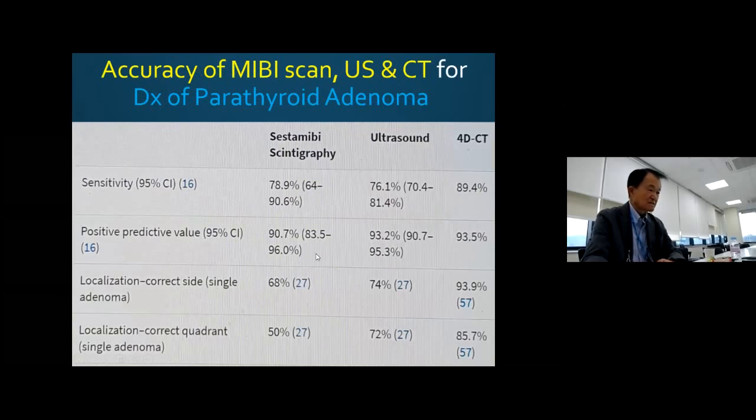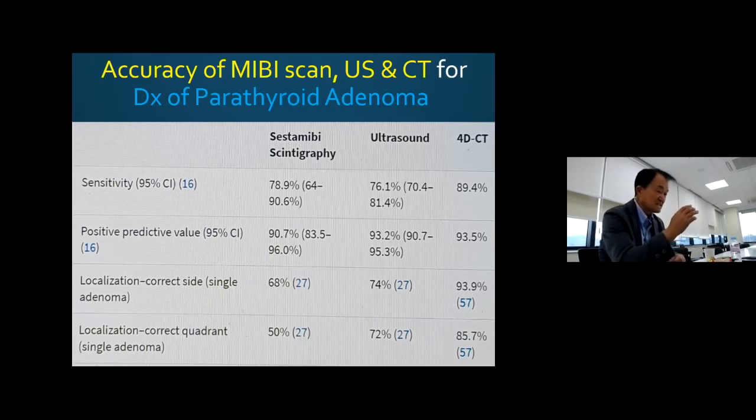All the reports show different numbers depending on how they collected the cases. If they have a case with just slightly elevated calcium, like 10.5 to 10.6, it's not easy because the adenoma is so small, 2 millimeters, that kind of size. And 4D CT shows a little bit better.